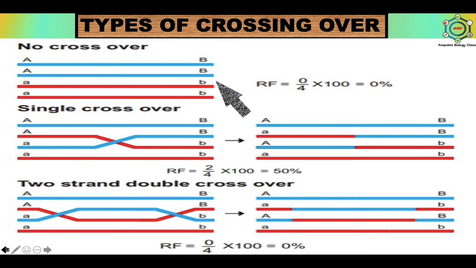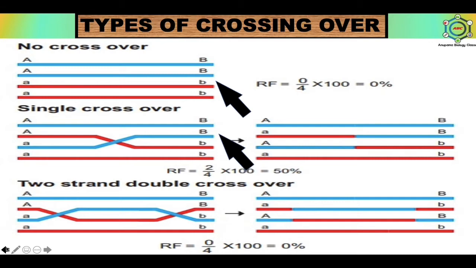In the first case, no crossover occurs, that means no recombinations form. While in the second case, that is the single crossover, only one chiasma is formed between the non-sister chromatids. As a result, single crossing over occurs and the two parental types and the two recombinant types form as a result.